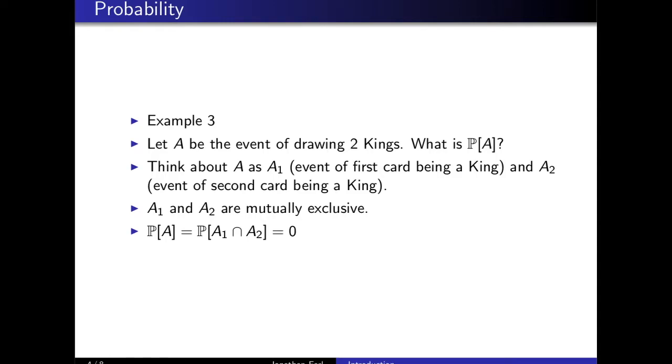The reason for that is because we're taking that the card we draw first and setting it aside, there is no possible way in which we could draw a king on the first draw and also get a king on the second draw. Because if we draw the king on the first time, we've put it aside and it's not allowed to be picked on the second try. So in this case, the probability of A, or the probability of A1 and A2, is 0.